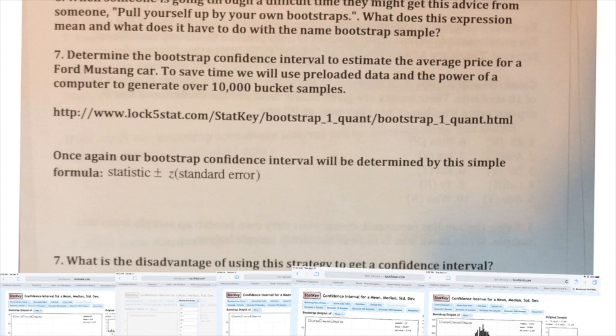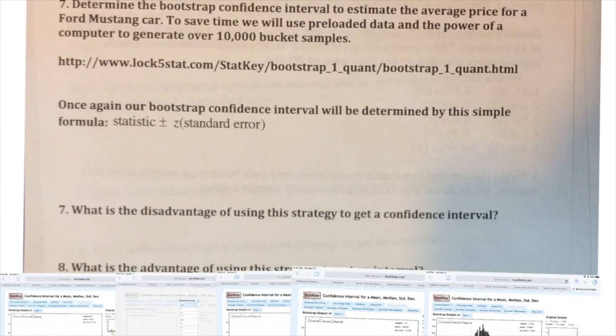It's creating a sample from your own sample. So you're actually not looking beyond what you've got. You're looking at the only thing that you have, which is your own sample, and you're creating more samples from that. Well, moving on to question 7 and the rest of this instructional video.